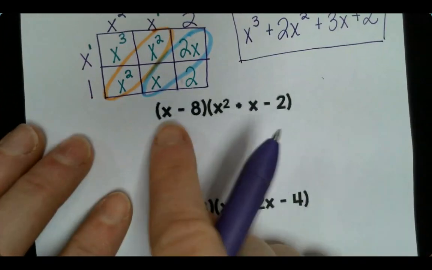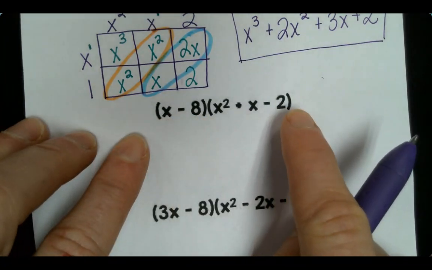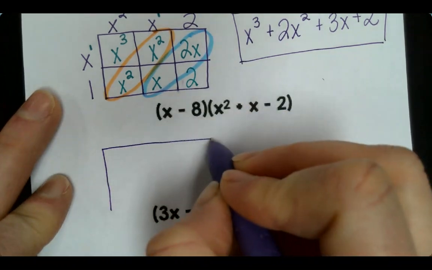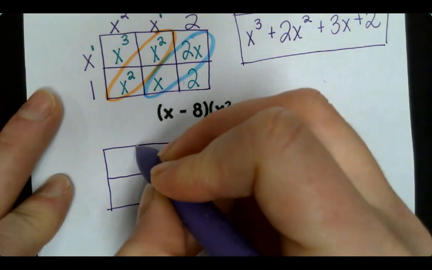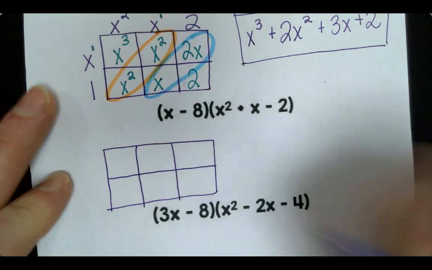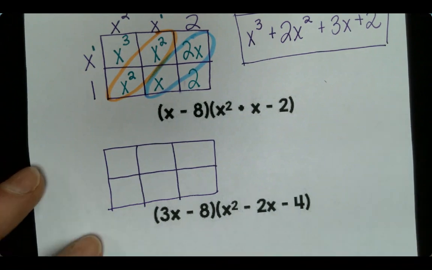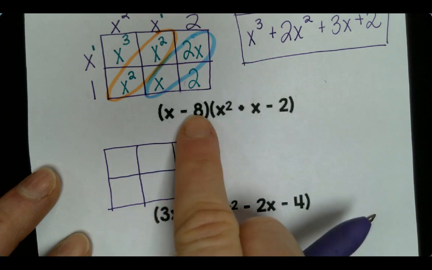Okay, let's do the next one. It's the same thing, a 2 by 3. You can draw your box any way you want. I'm doing the wider one, I guess. Go ahead and draw your box. So going down the side, it's going to be the x minus 3.